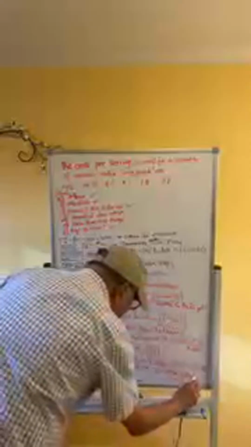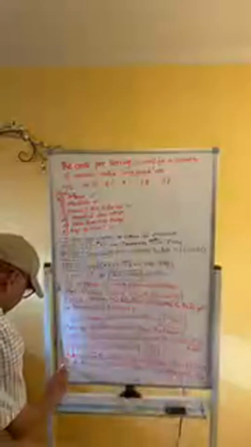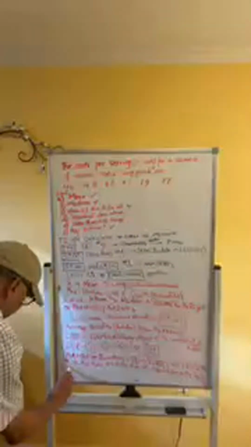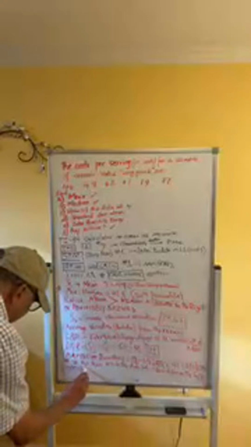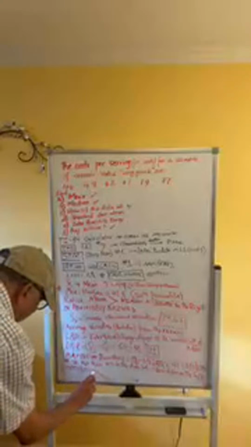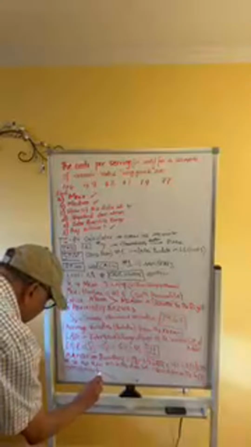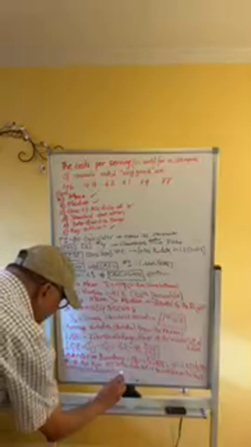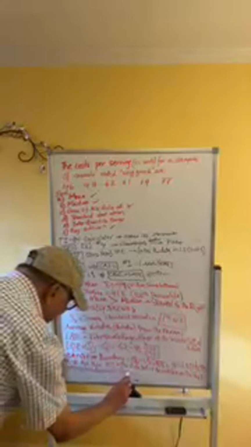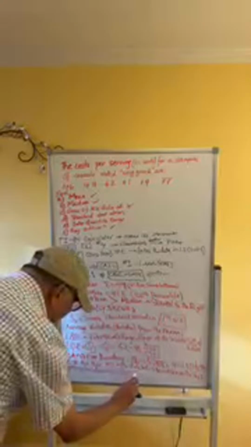How about any outlier on the right? Okay, so we do the upper outlier boundary, which is Q3 plus 1.5 times IQR.